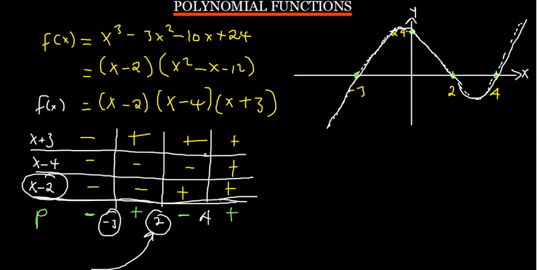So for that factor, 2 is a demarcation of signs. When I equated x minus 4 to 0, I found a 4, meaning that for that factor, 4 is going to be a demarcation of signs. If I get a value greater than 4, I substitute where there is x, I'm going to get a positive value. Immediately I cross 4, it should give me negatives. Same with x plus 3.